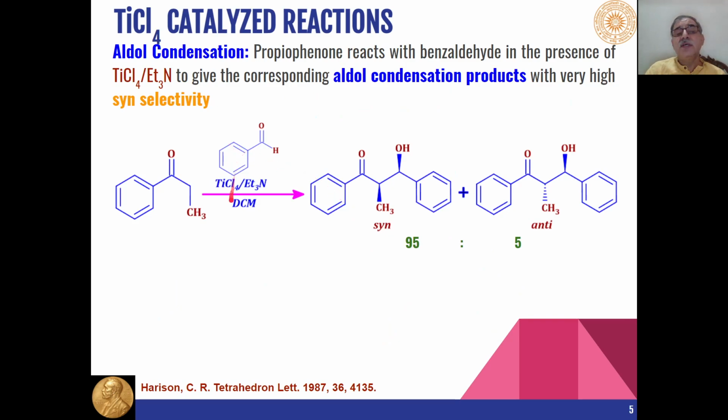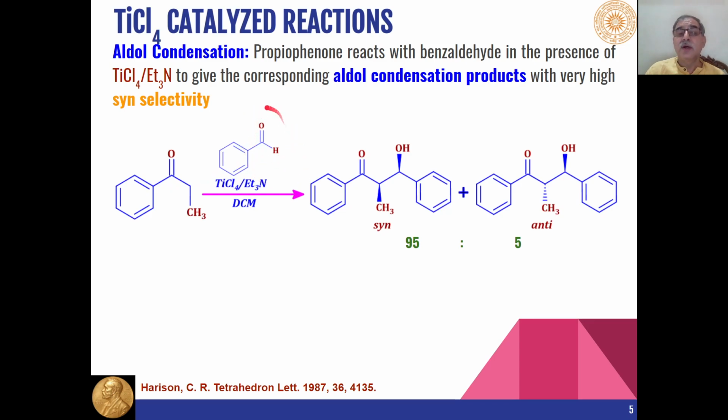Then TiCl4 with triethylamine can also be used for aldol condensation reactions. For example, if we take propiophenone and benzaldehyde, you can see that one of the carbonyl groups is non-enolizable.